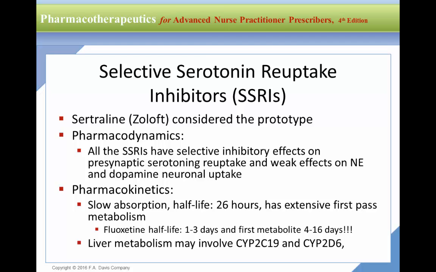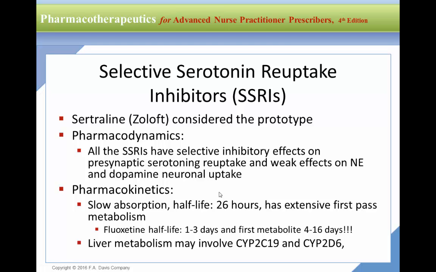All of them selectively inhibit the reuptake of serotonin at the level of the presynapses. They have minimal effect on norepinephrine and dopamine, that's why it's called selective. Of course, side effects will be related to those two, but it's the one that has the fewest side effects.